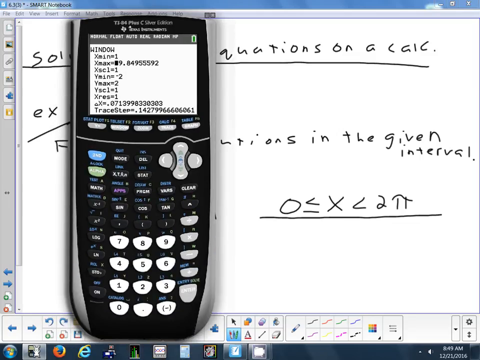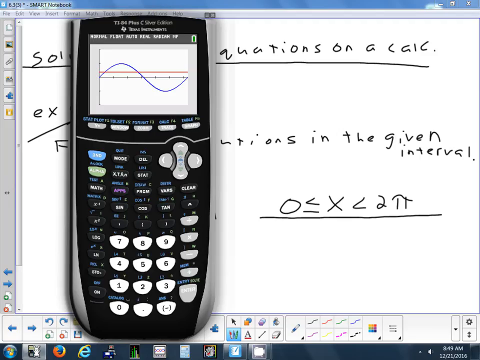And that's what I'll do. So x min is 0, x max is 2 pi. Now just see where they're equal, which is where the two graphs cross. As I said, there are infinitely many solutions, but we're only focusing on the two that they said to.